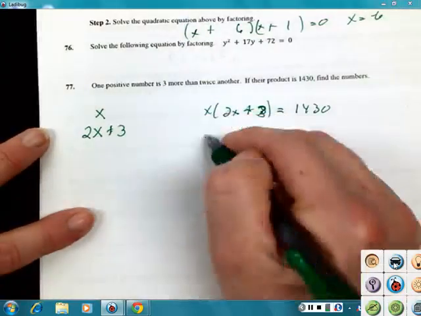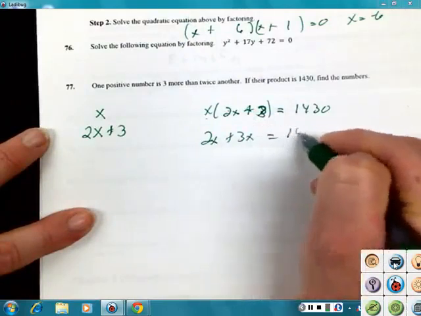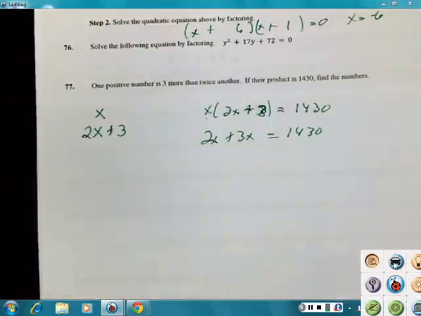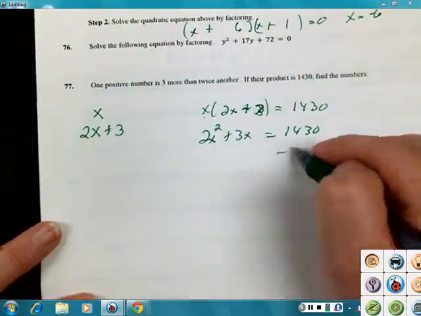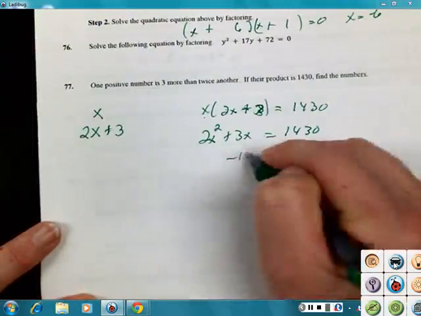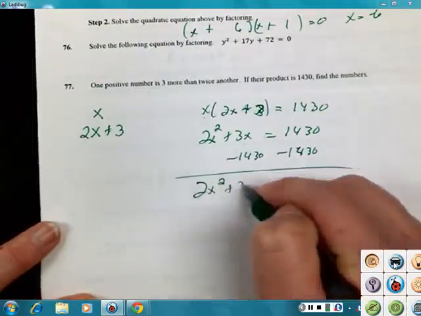So x times 2 is 2x, x times 3 is 3x. This is a squared. Move my 1430 over. And this is where you get some pretty big numbers.